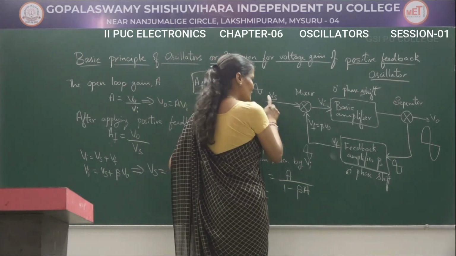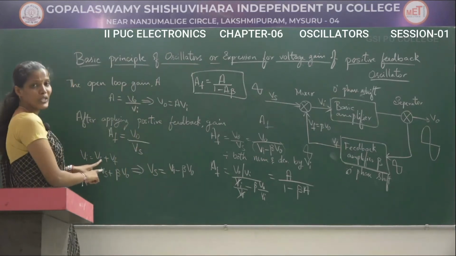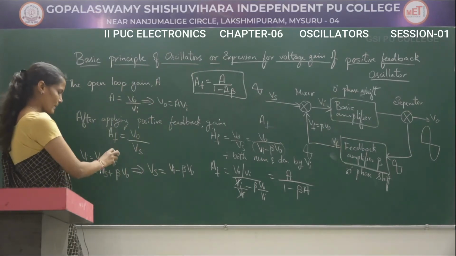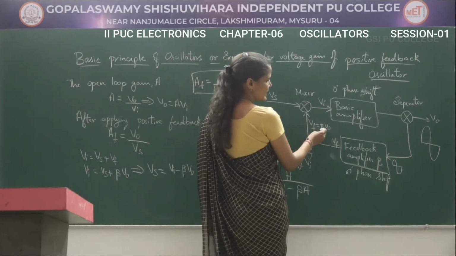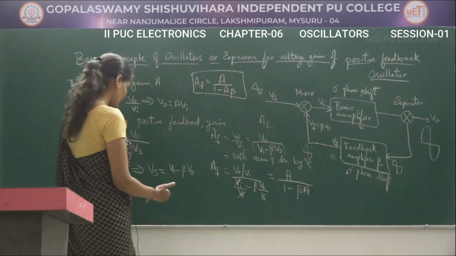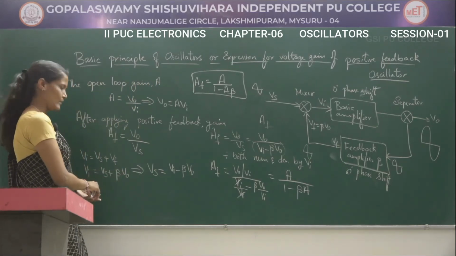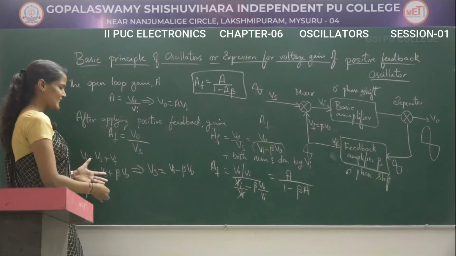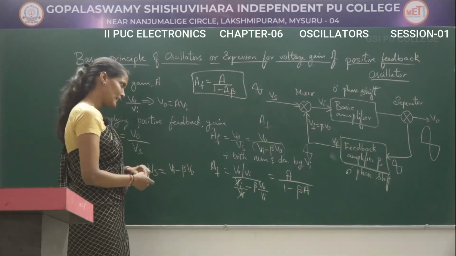So since these two signals are in phase with each other, Vi is equal to Vs plus Vf. But Vf, which is nothing but the feedback voltage, can be given as beta into V0. If I am going to substitute that over here, we will be getting Vi equals Vs plus beta times of V0. If I am going to rearrange this expression, Vs equals Vi minus beta times of V0.